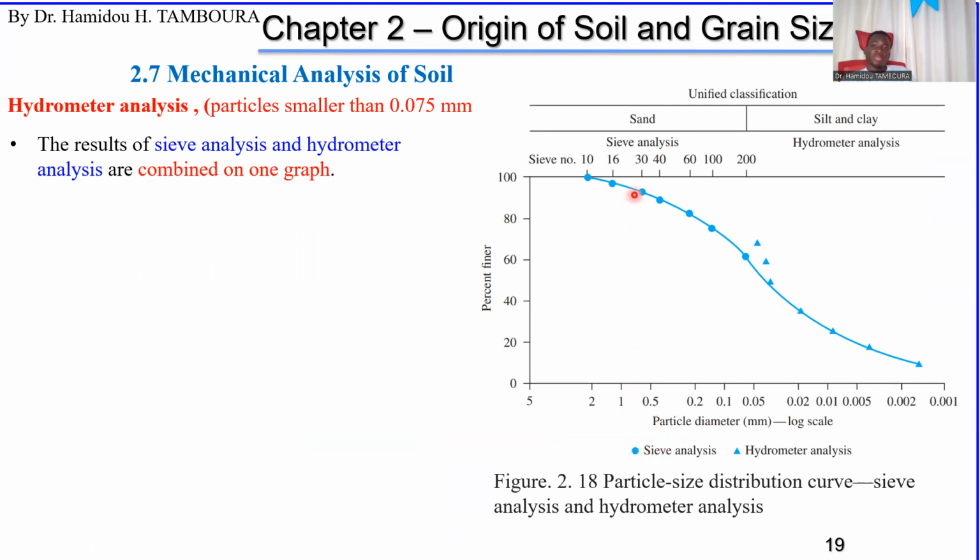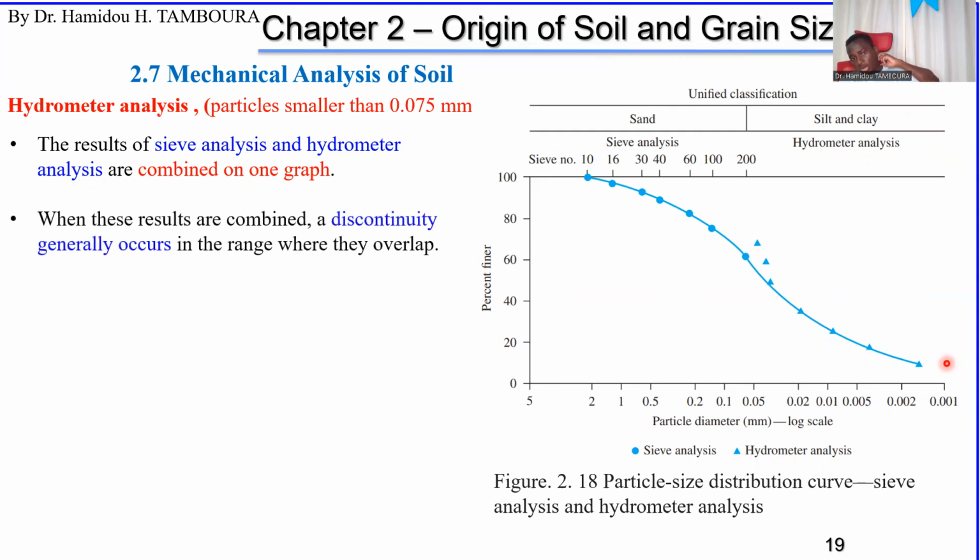This circle are for sieve analysis, and this triangle are from hydrometer analysis. Okay, so as you can see, sometimes we have some discontinuity. It happens every time. Discontinuity where these two curves overlap.